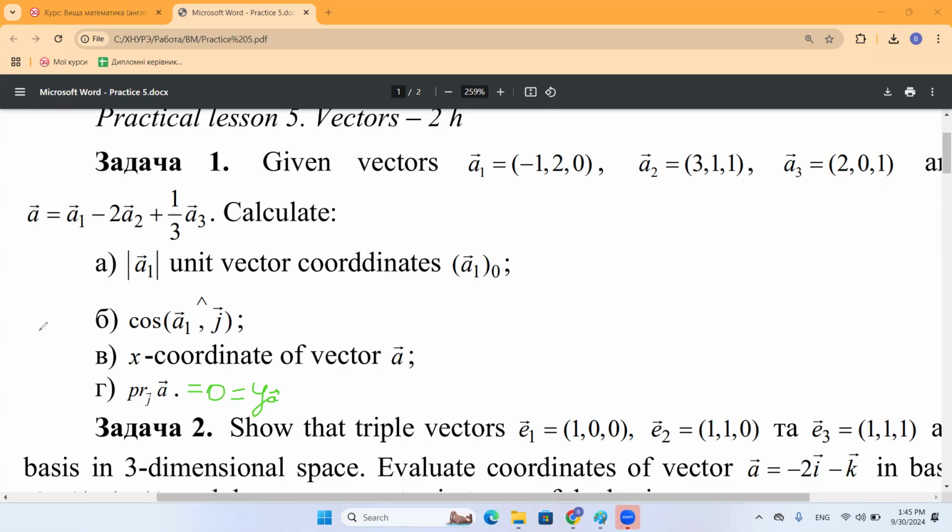Yeah, and by the way, what do you remember about direction cosines? We worked with them when we found the unit vector for vector A1.